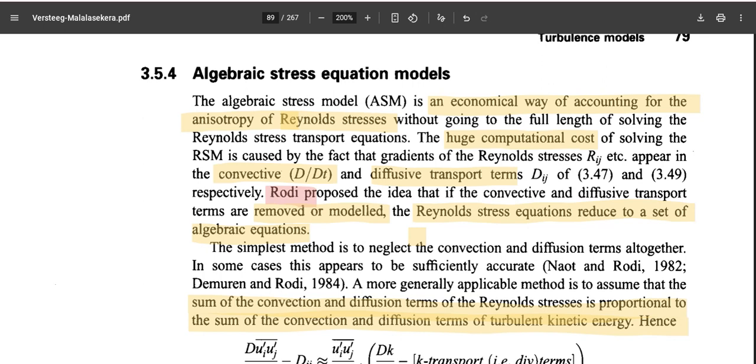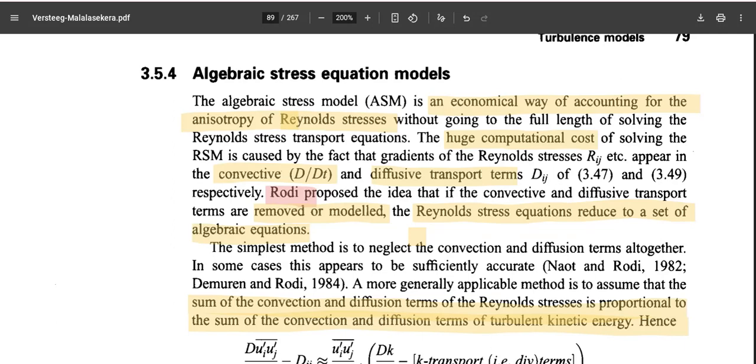Those equations are coupled partial differential equations that have to be solved along with the epsilon equation to identify these Reynolds stresses, to compute mean flow values using the Reynolds equations.